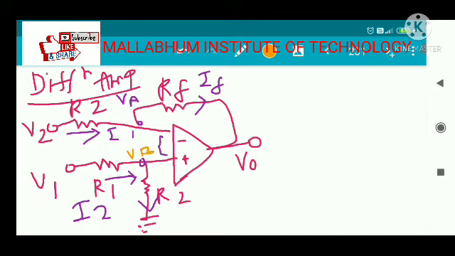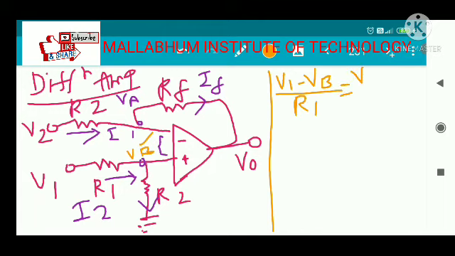We first consider node B. The node equation at node B is (V1 minus VB) divided by R1 equals (VB minus 0) divided by R2.